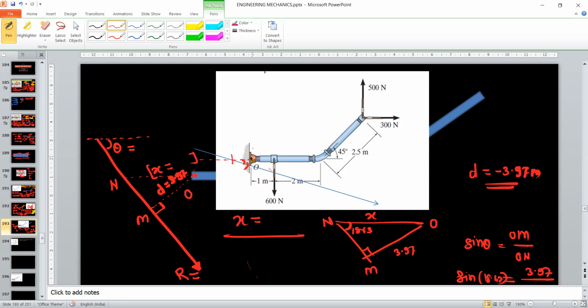And this distance from point O is 12.55 meter. Okay, so I hope you have understood this problem. So the steps are the same compared to the last problem.